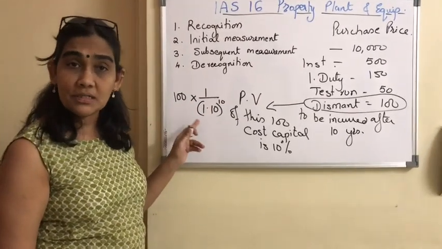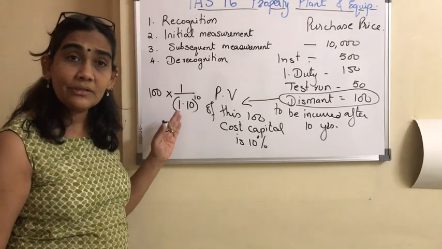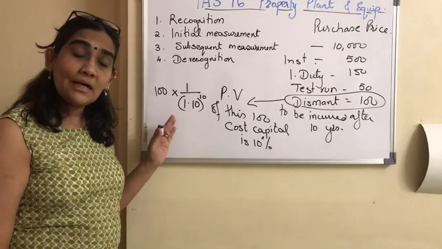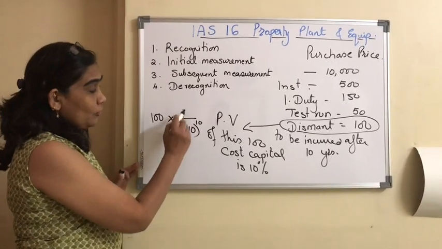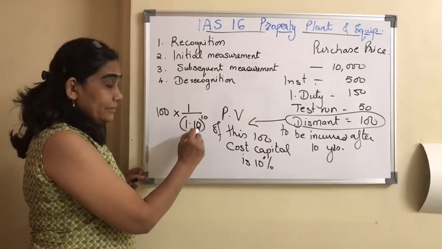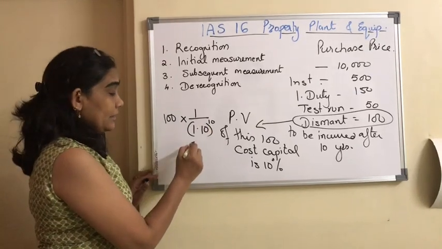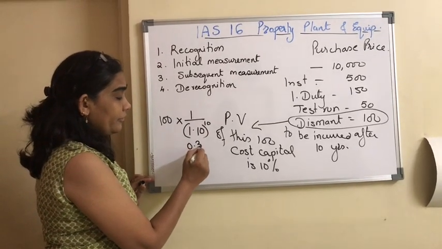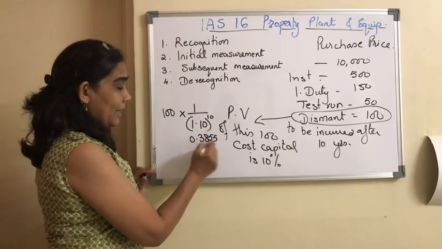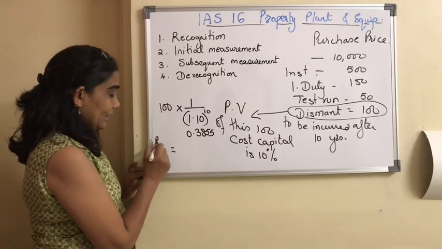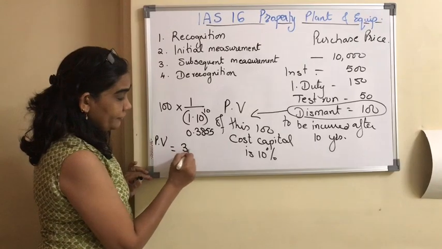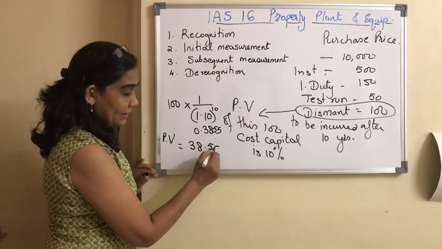Either you can use the calculator and find out the discounting factor, or use the discounting factor table to calculate the value. So the value of 1 upon 1.1 raised to 10 is 0.3855. When you multiply this by 100, I will get a present value of 38.55.